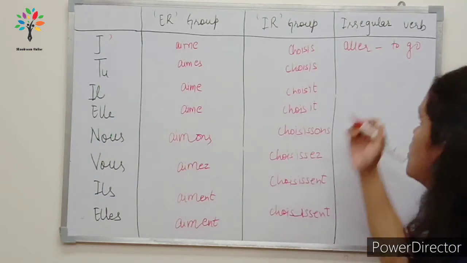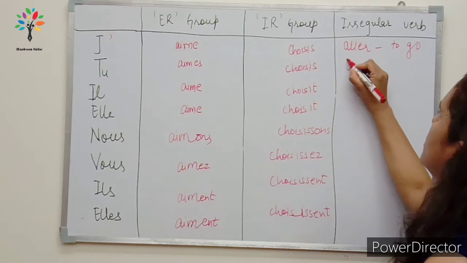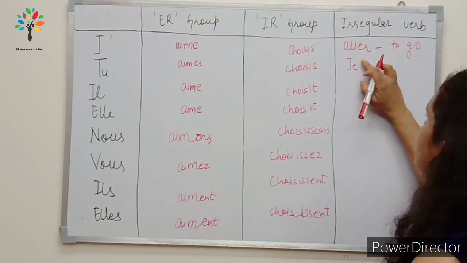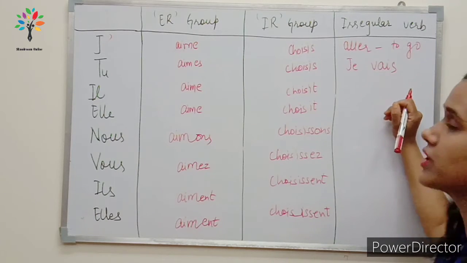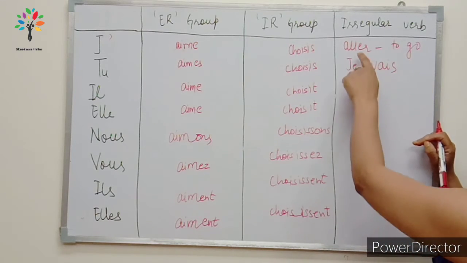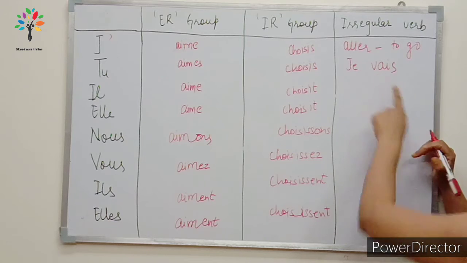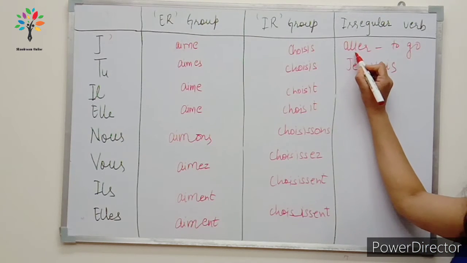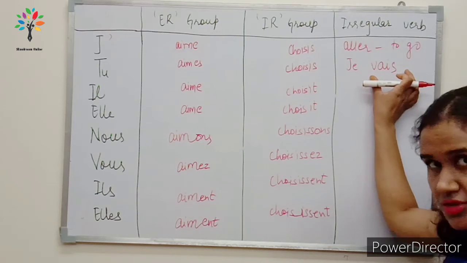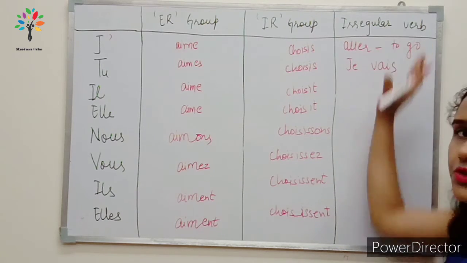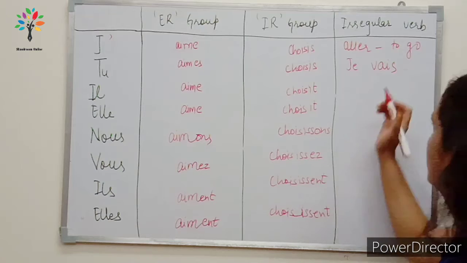So with je, it becomes je vais. You can see here it has entirely changed. The verb is aller and what we have in the conjugation is entirely different, right? That is why this group is termed the irregular group.